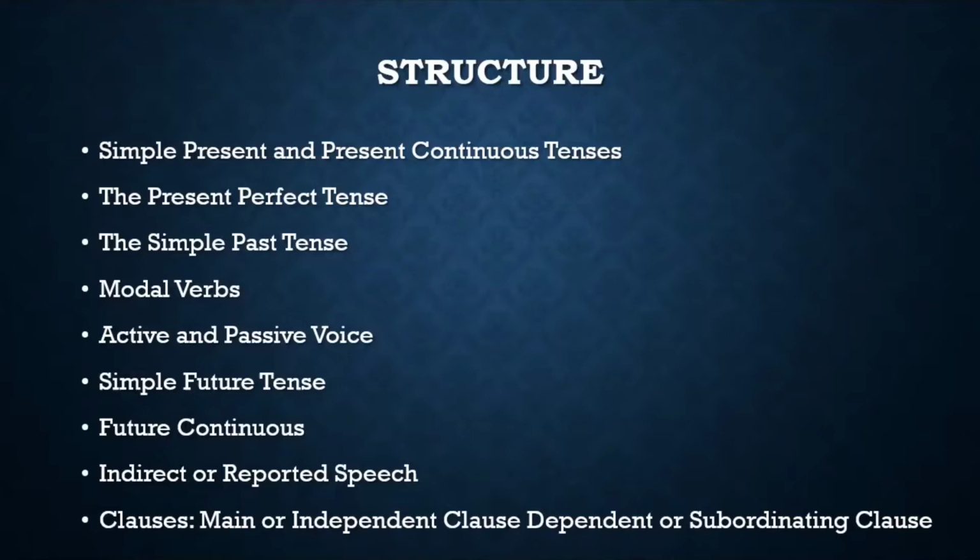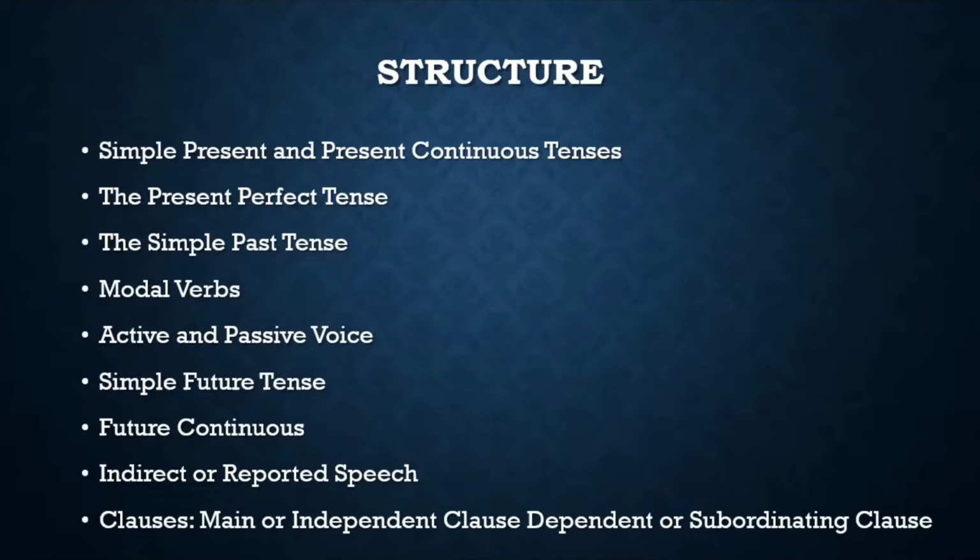main or dependent clauses. Now you can see that there are a total of 9 topics, right? And we have 9 chapters. So in each chapter, you will find a section called structure, and we are going to cover them one by one, starting from the first chapter, having simple present and present continuous tenses.